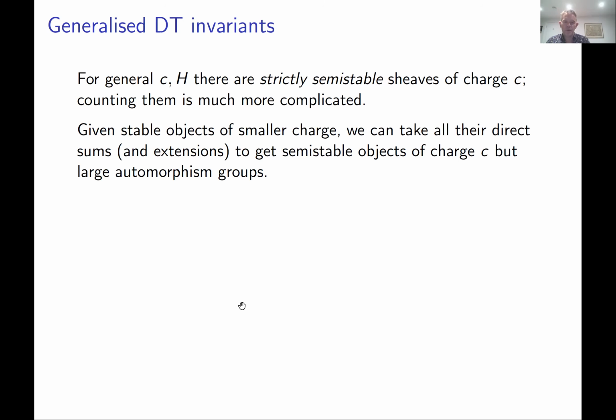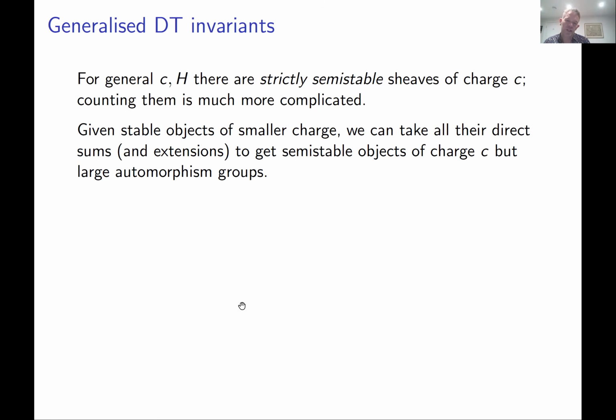Counting these is much more complicated because they have bigger automorphism groups. Roughly speaking, you want a sheaf to count as 1 towards the invariant. But if it has automorphisms, you want the sheaf to count as 1 over the Euler characteristic of the automorphism group, and that's 1 over 0. So you need some way to normalize that.